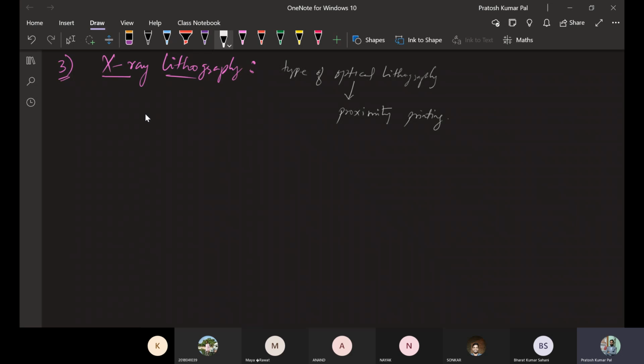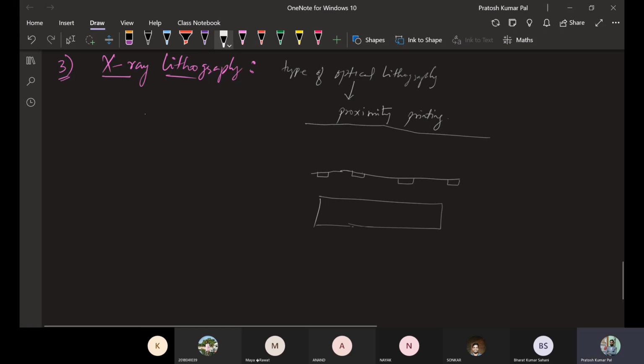Okay, so here we have a setup such that different masks will be used. A semiconductor surface will be there. On that surface there will be a mask. Above that mask there will be a source of X-ray light.